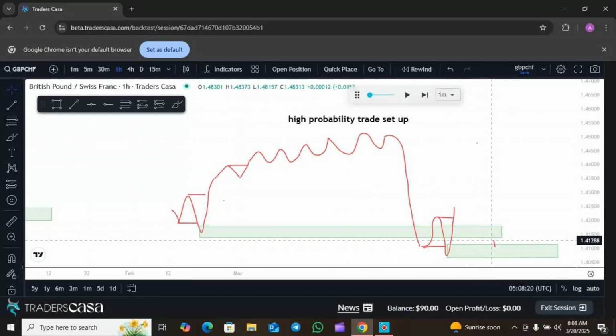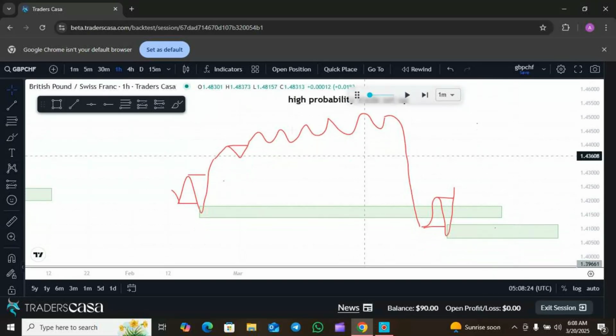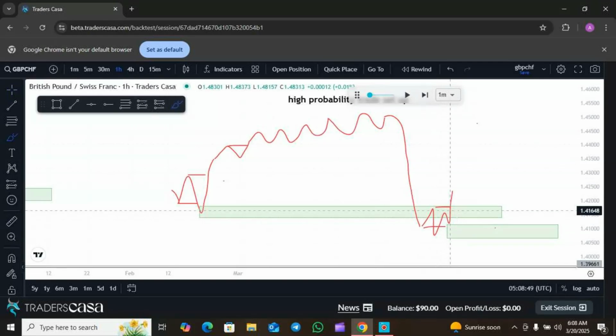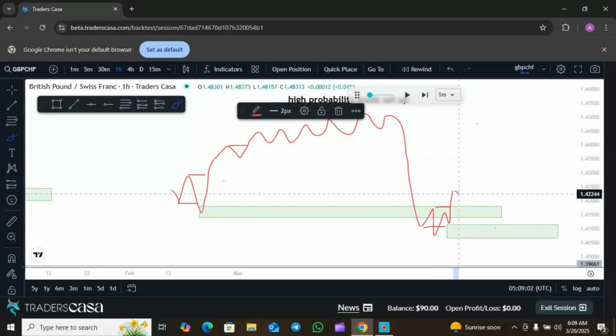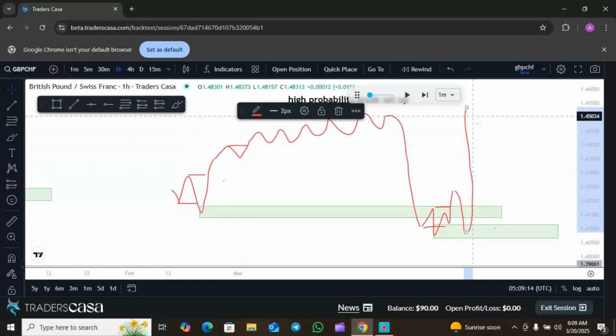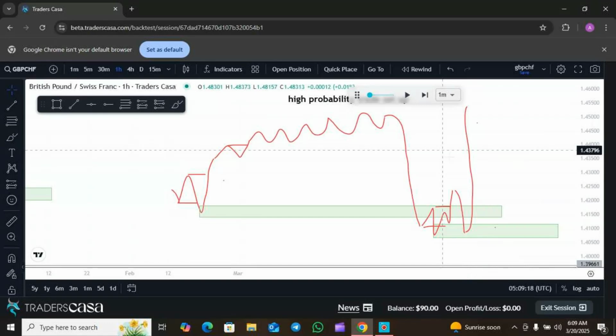And most times you will have this type of liquidity build up, where price will take out this low, then give you a structural liquidity here, then break this structure here, then come to this POI and buy upward.